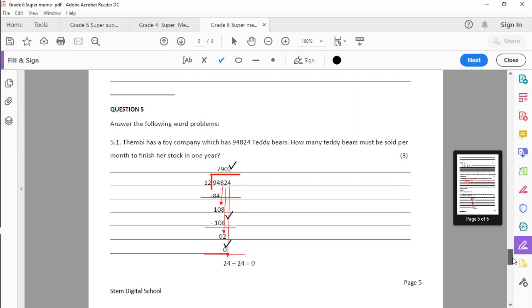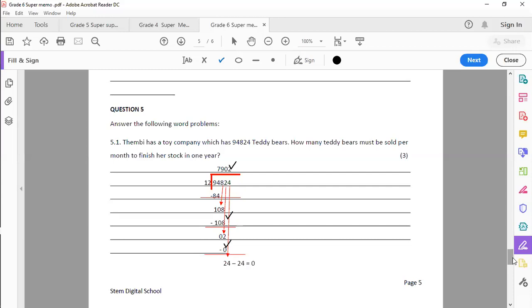The last question is: Tembi has a toy company that has 94,824 teddy bears. How many teddy bears must be sold per month for her to finish her stock in a year? Then you just divide that by 12. In long division, we divide, multiply, subtract, bring down.